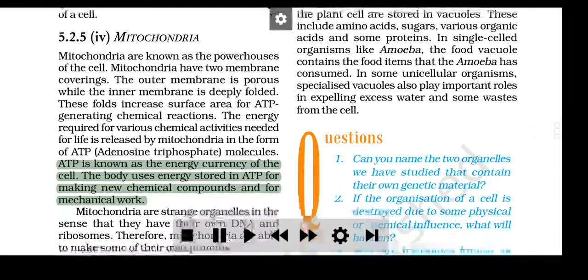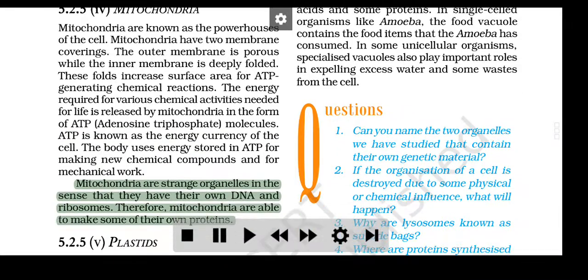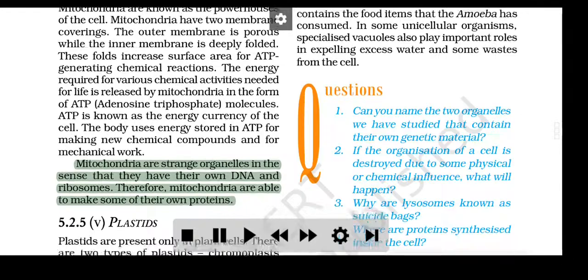ATP is known as the energy currency of the cell. The body uses energy stored in ATP for making new chemical compounds and for mechanical work. Mitochondria are strange organelles in the sense that they have their own DNA and ribosomes. Therefore, mitochondria are able to make some of their own proteins.